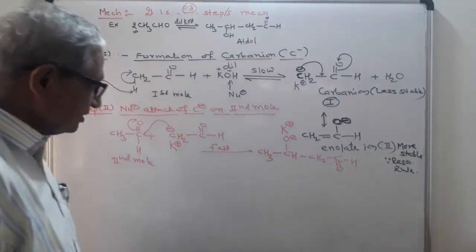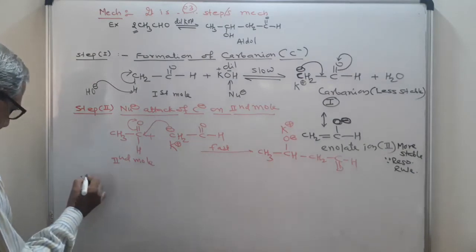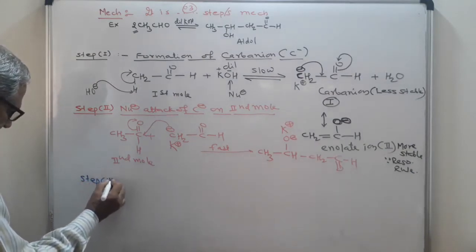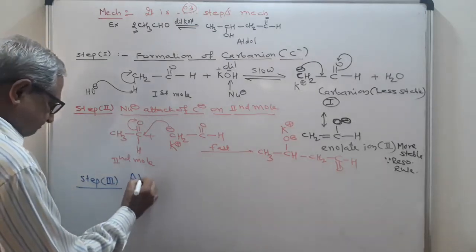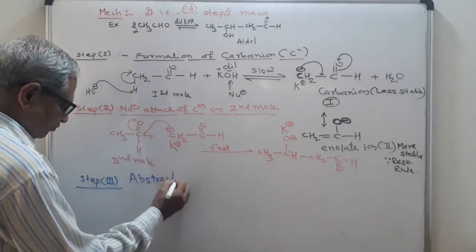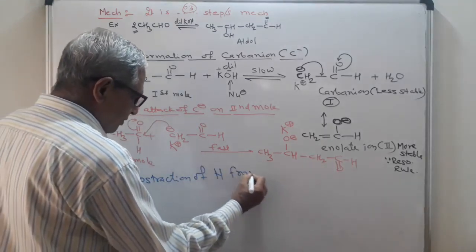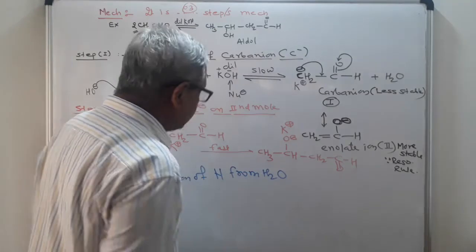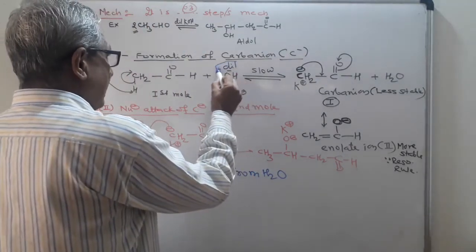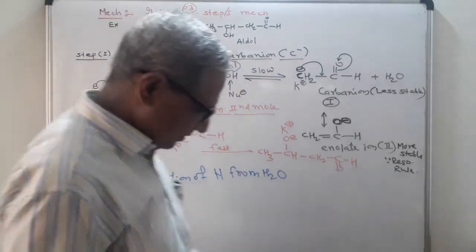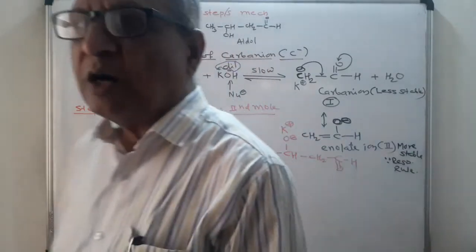Now I will explain step third. Step third is abstraction of hydrogen from a water molecule, because water is the solvent. See, in this case you are using dilute KOH. This dilute itself indicates the alkali contains some amount of water.